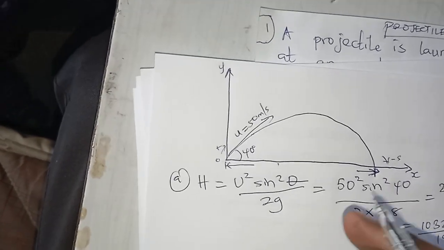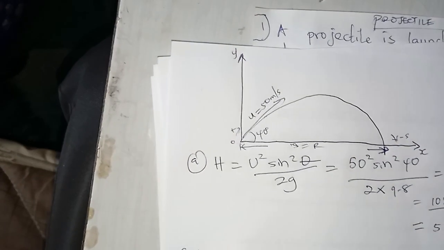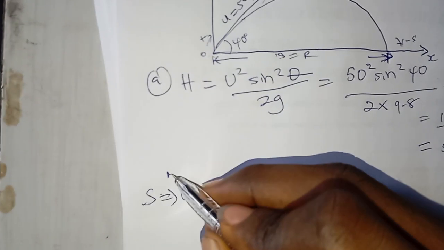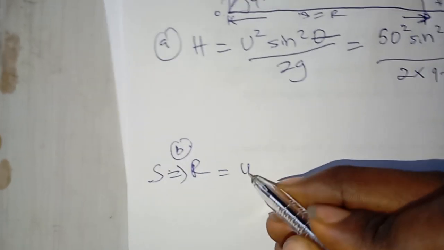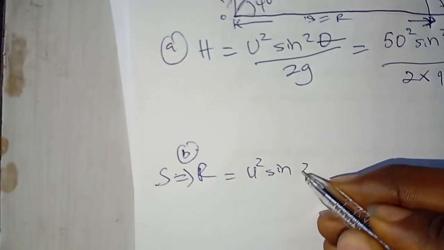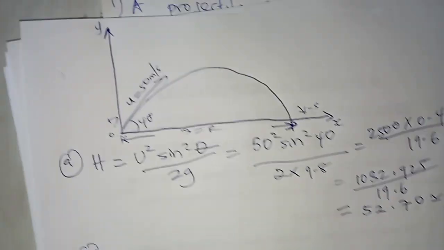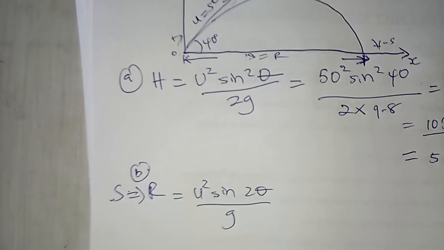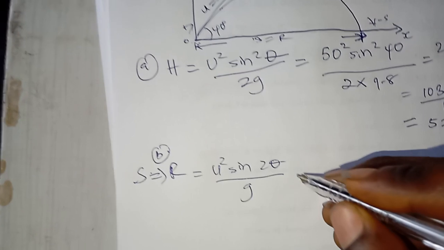So as it's going in this direction, s becomes R. So our range is going to be calculated using the case 1 method, which is equal to u squared sine 2 theta all over g. Once you see this kind of case, just know that all the formulas of projectile motion work for it, so you don't need to think extra.